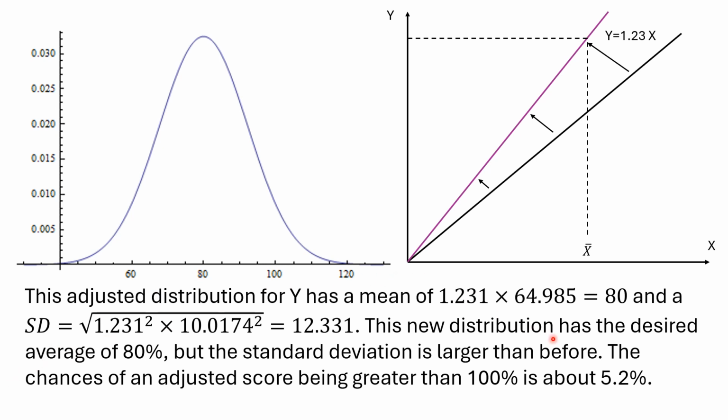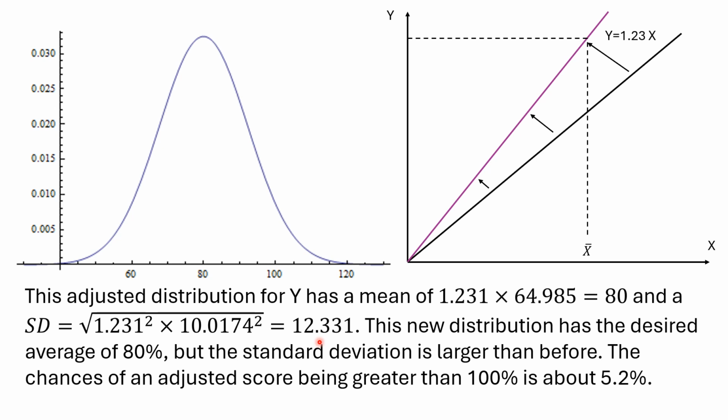However, there is a bit of a problem here in that the standard deviation may be a bit larger than we would like. When you multiply the distribution in x by a number that's greater than 1, you get an adjusted distribution which has a greater standard deviation. And if your original intent was to keep your standard deviation at 10, this may be considered an undesirable outcome.